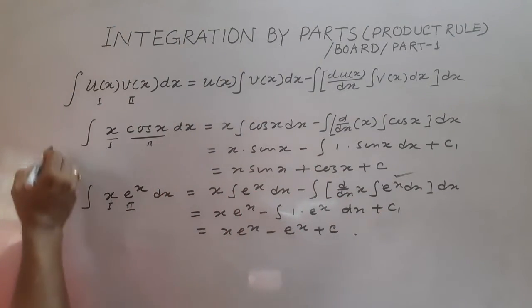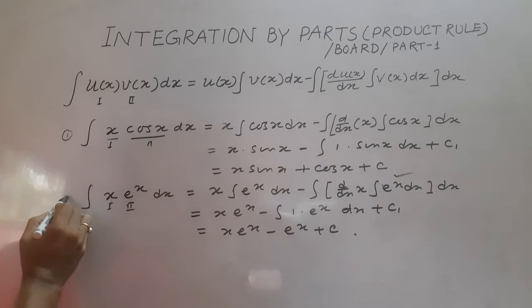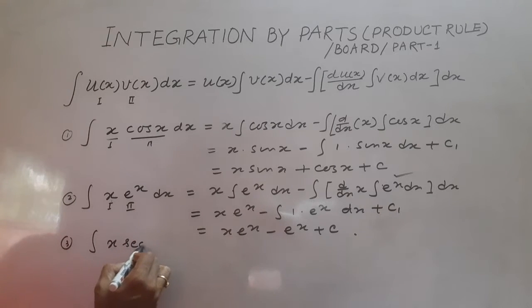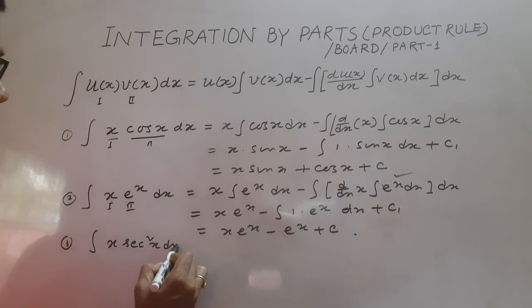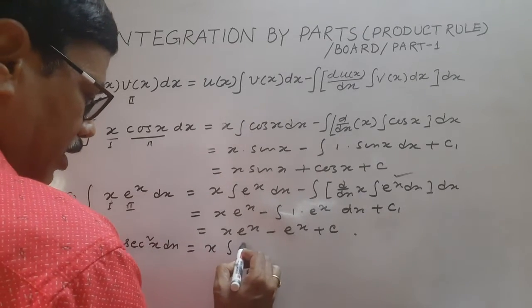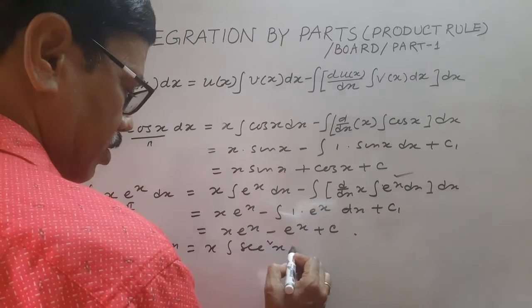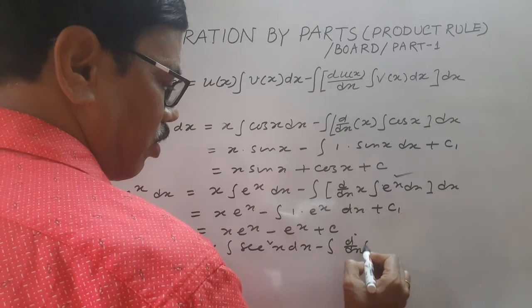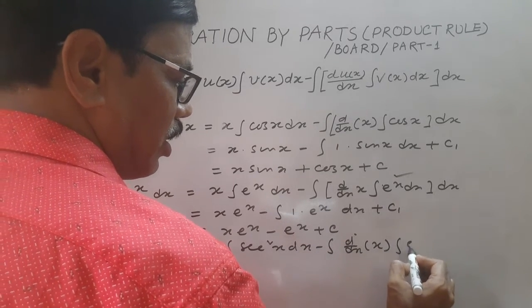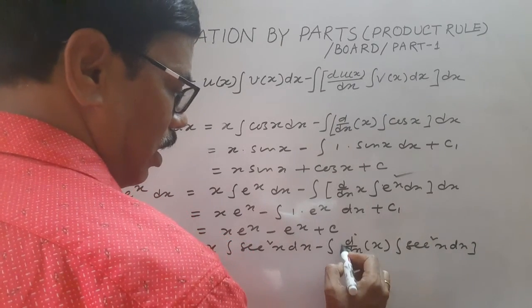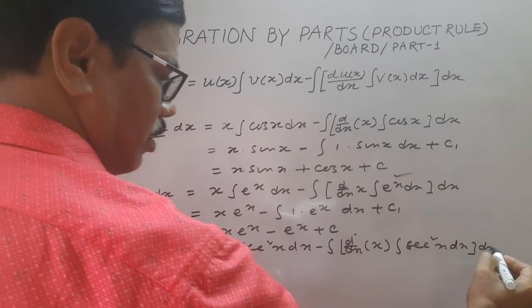Then number 3. So a basic 1 or 2 marks problem: x sec square x dx. Same as before: x into the integration of sec square x dx, minus d/dx of x into the integration of sec square x dx, total integration.